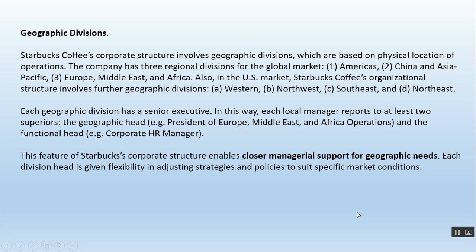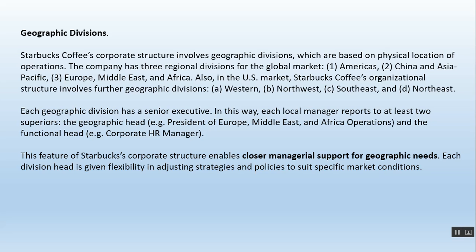Another part, again, most companies operate this way, just using Starbucks as an example, has a geographic component to it. So you could be on a project, you could be in a function, and you could be part of a region or a country. Starbucks happens to have 3 regional divisions. It has the Americas, it has China and Asia Pacific, it's got Europe, Middle East, and Africa.